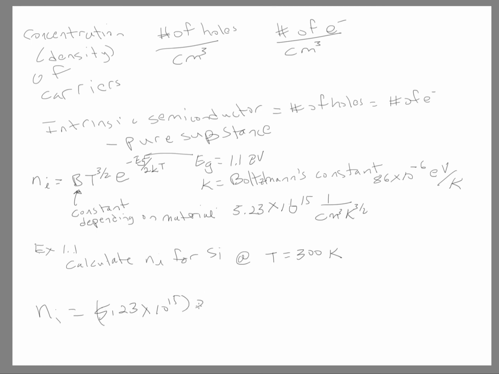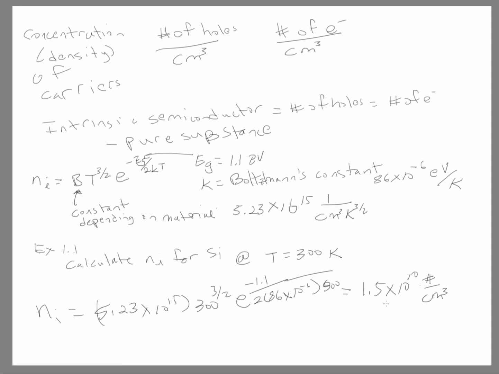And then Kelvin is 300 times over to the 3 divided by 2 power. Then we have e to the minus 1.1 divided by 2 times your Boltzmann constant, which was 86 times 10 to the minus 6 times 300 Kelvin. And you just plug that into your calculator and you get 1.5 times 10 to the 10 number of carriers divided by centimeter to the 3.